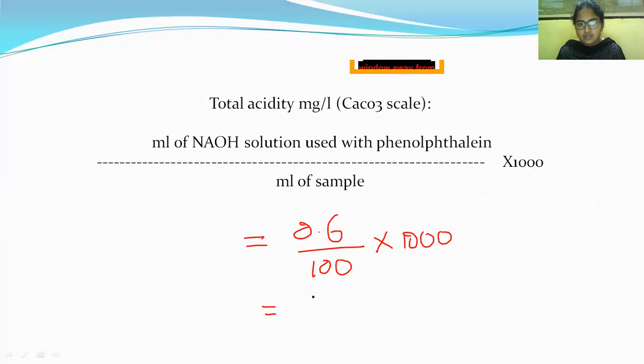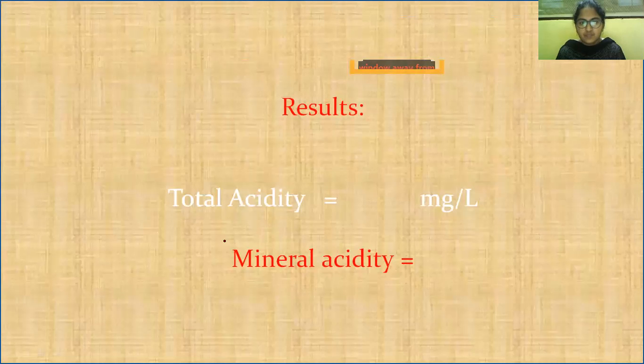That is 0.6 by 100 ml of sample into 1000, which is equal to 6 mg per liter. Result: total acidity is equal to 6 mg per liter and mineral acidity is nil.